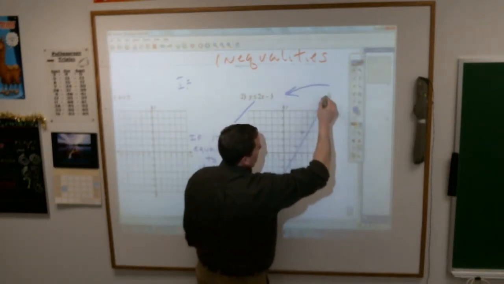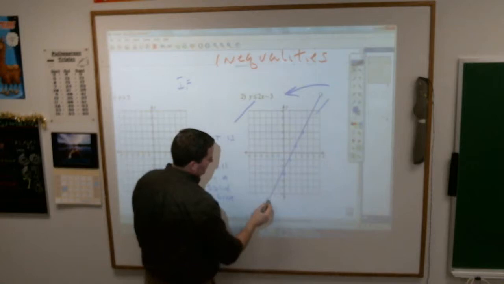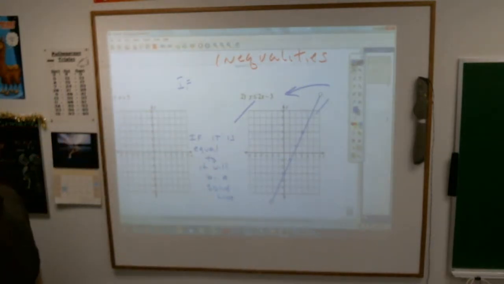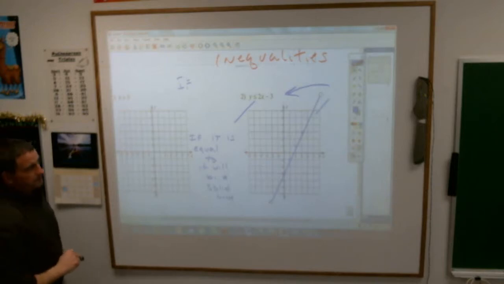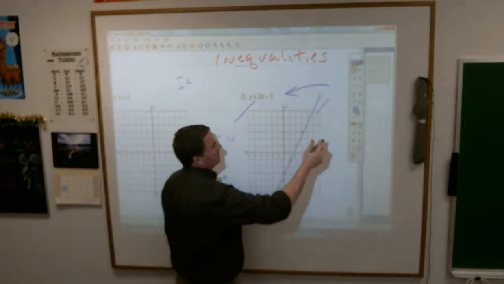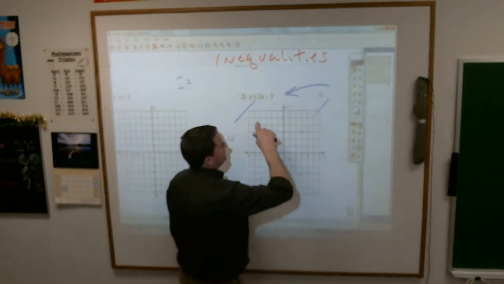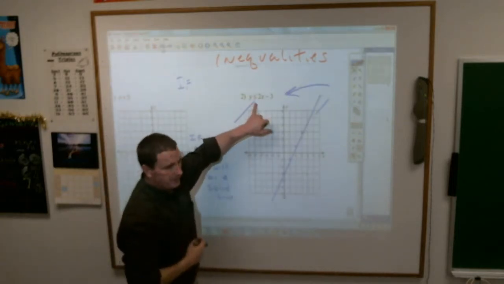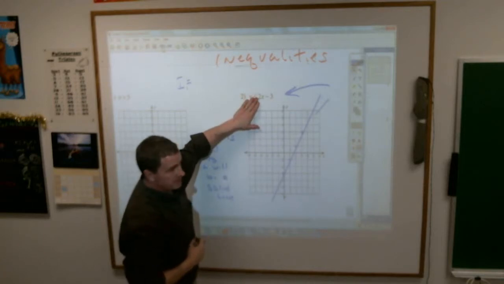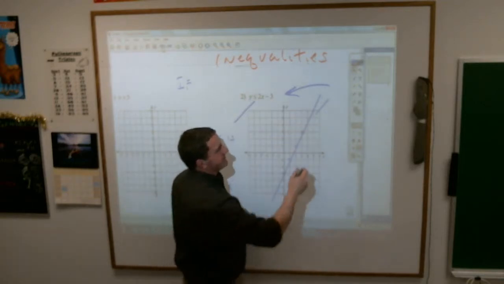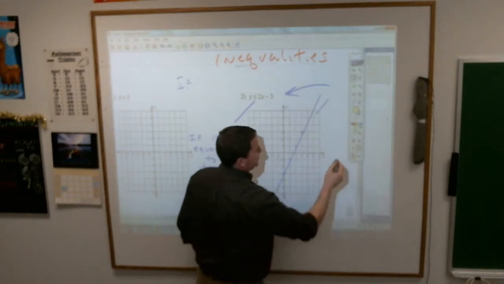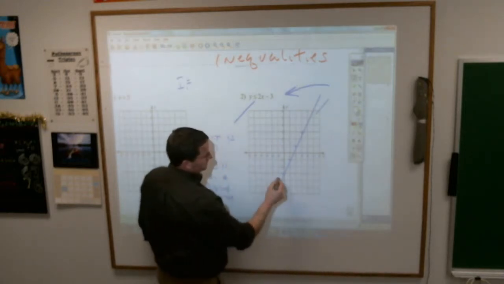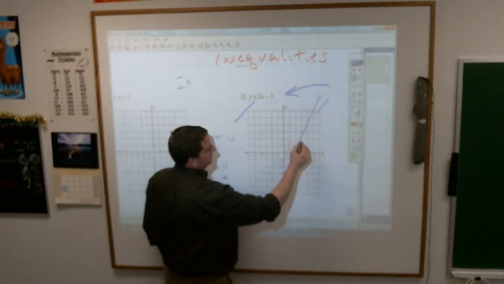If I told you that it's going to be solid, you can probably guess that there will be times when it will be dashed. If that equal sign would not have been there, if it had just said y is less than, then rather than a solid line, it would be a dashed line, and look like this.